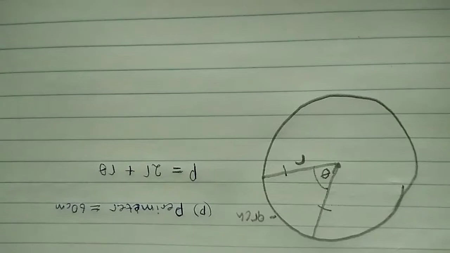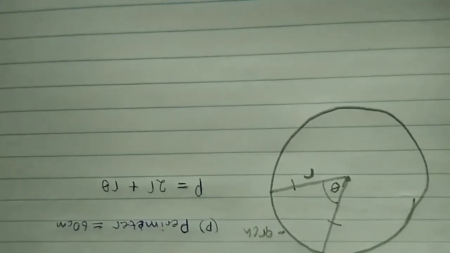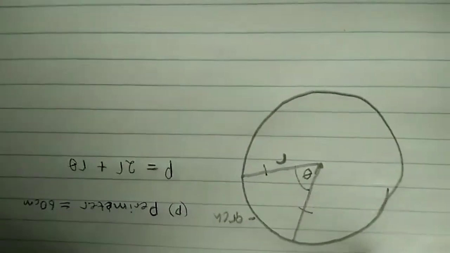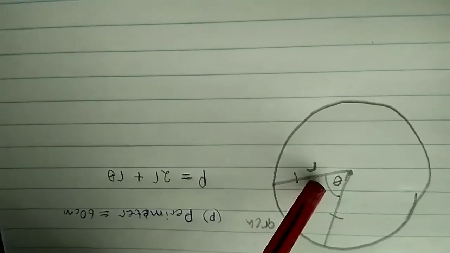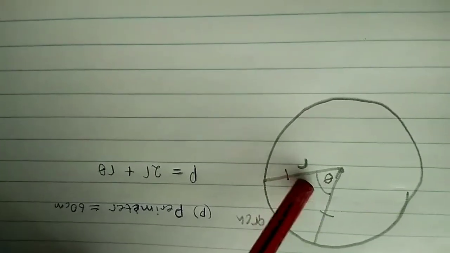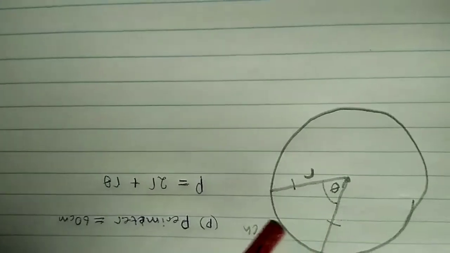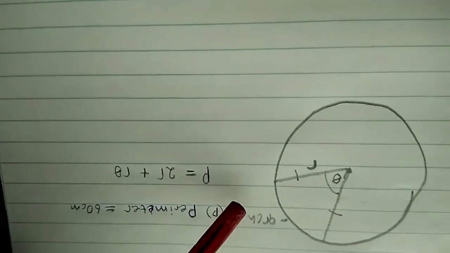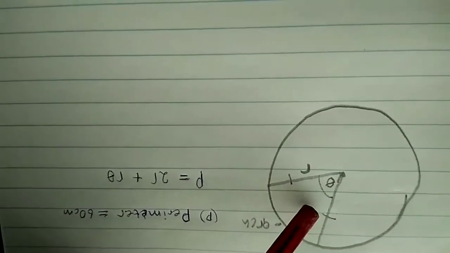As you can see drawn here, I forgot to mention that the sector has two sides which are equal to the radius. So we have two straight lines which are equal, and then there's an angle in between, which you can name theta. So the formula for the perimeter is P equals 2r, where r is the radius, plus the radius times the angle in between the two radii.